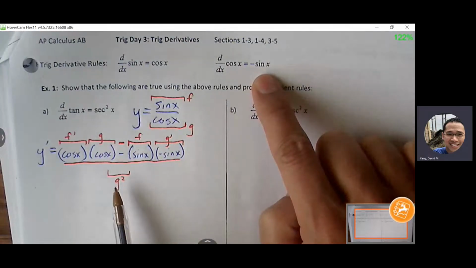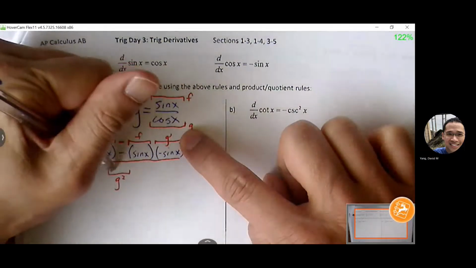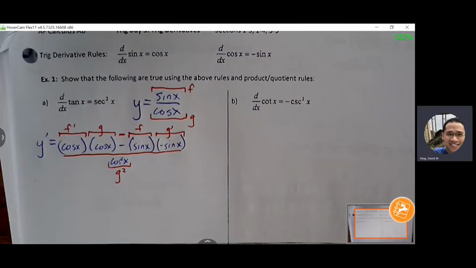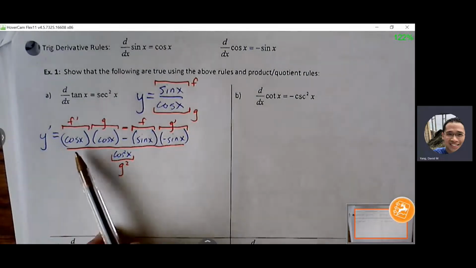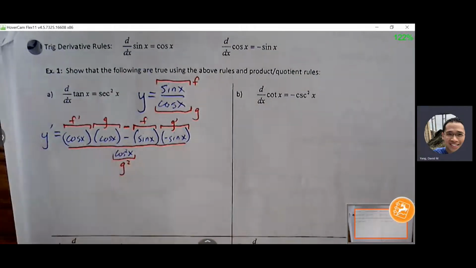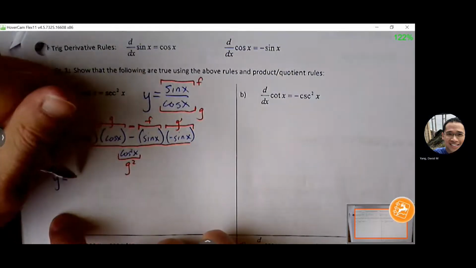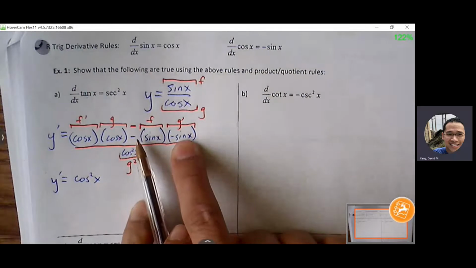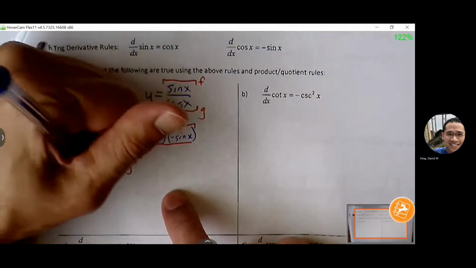All over g squared. Cosine times cosine, cosine squared. Negative sine times negative sine, positive.